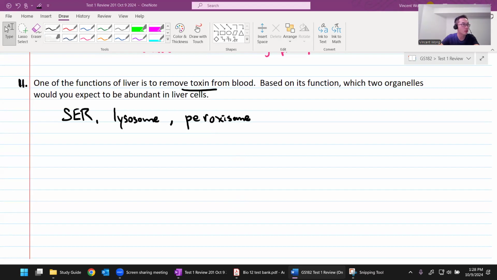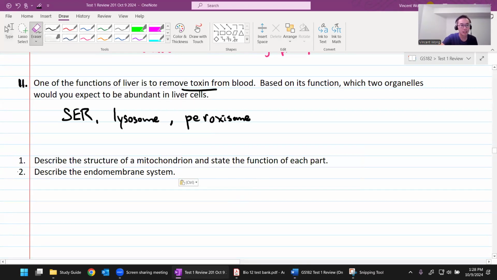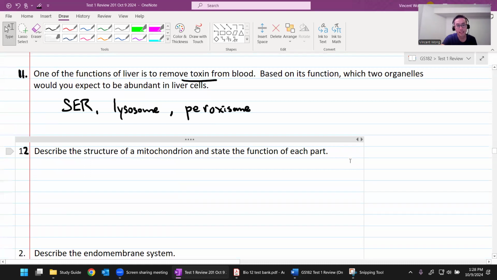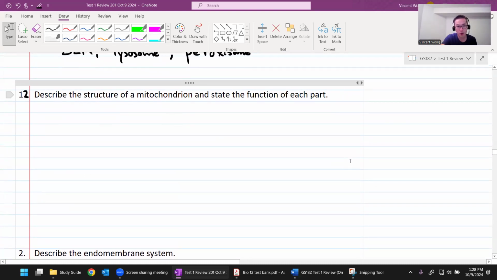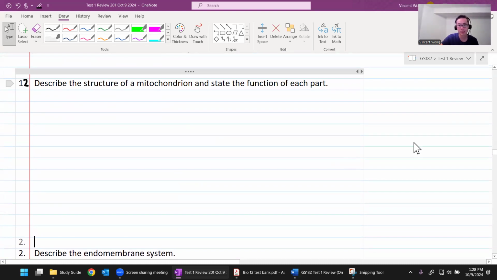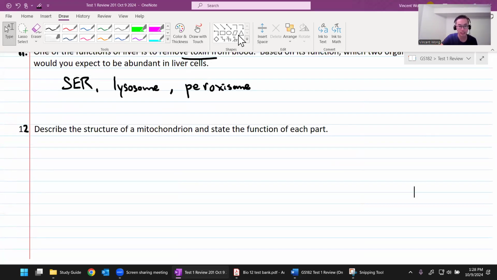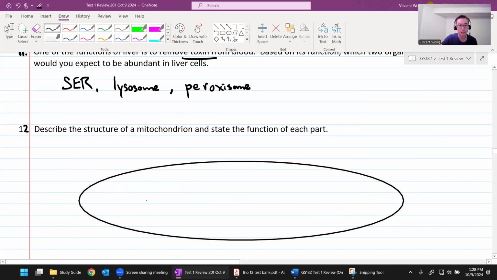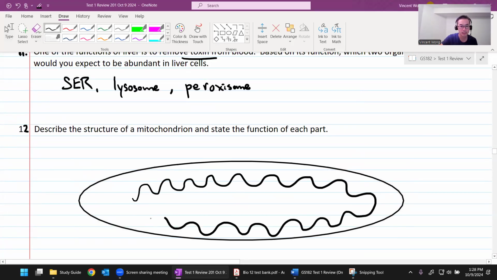Describe the structure of a mitochondria and state a function of each part. So by now, we certainly know a lot more about the mitochondria than we did when we learned it in lecture 3, right? Specifically, here is the mitochondrion, and here is the inside of it.